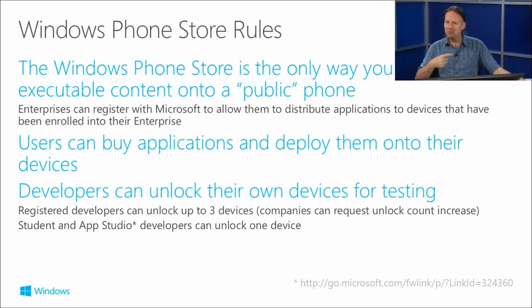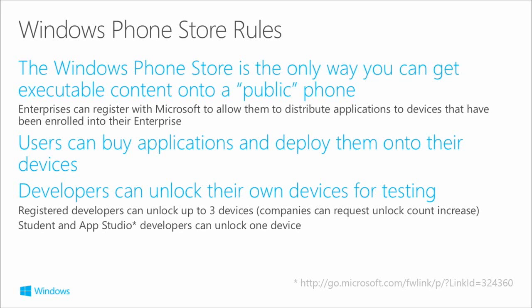You, of course, as a developer through Visual Studio, can unlock a device for testing. If you have a developer account, you can register up to 3 devices. If you have an ISV with a software department, you want to unlock more than that, you can just ask us through the dev portal, and we're usually pretty forgiving about giving you a few more than that.